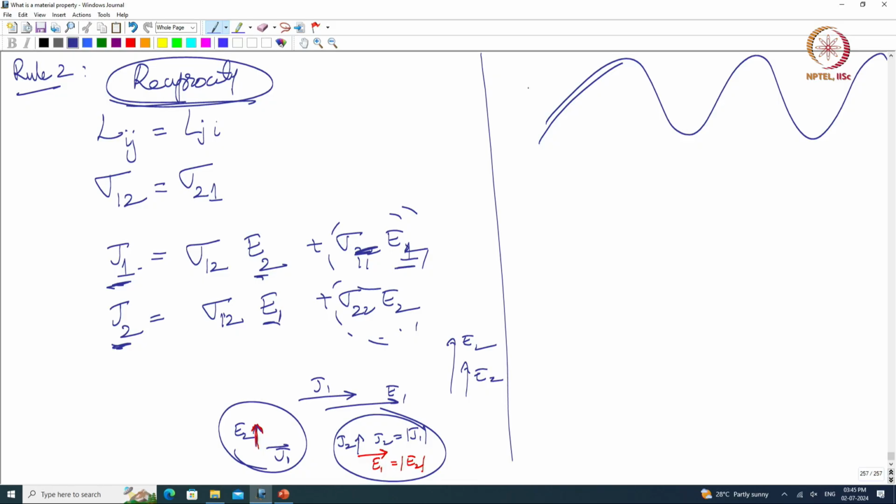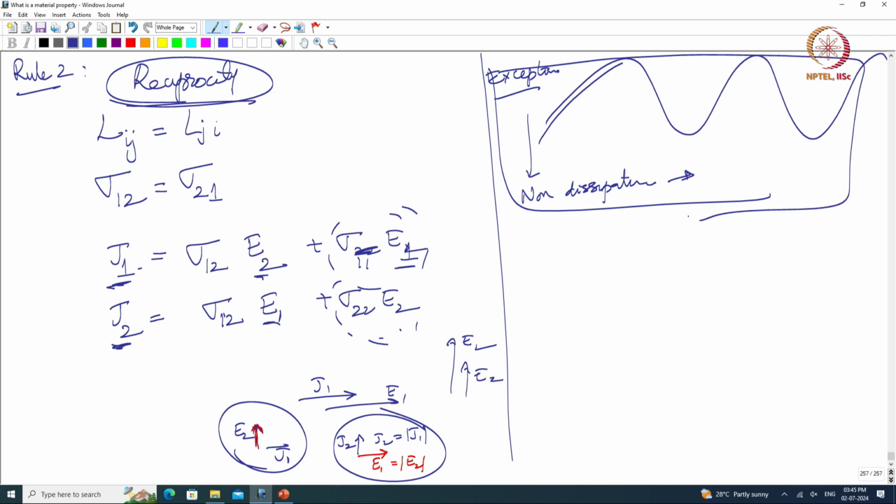Those properties turn out to be non-dissipative. They are not thermodynamic properties, they are non-equilibrium properties, but non-dissipative, and Onsager's reciprocity is not valid. But this is the exception, and this course does not look into exceptions.